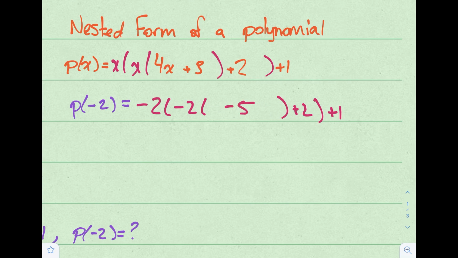Negative 5 times negative 2 is positive 10. Positive 10 plus 2 is 12. 12 times negative 2 is negative 24. And negative 24 plus 1 is negative 23.